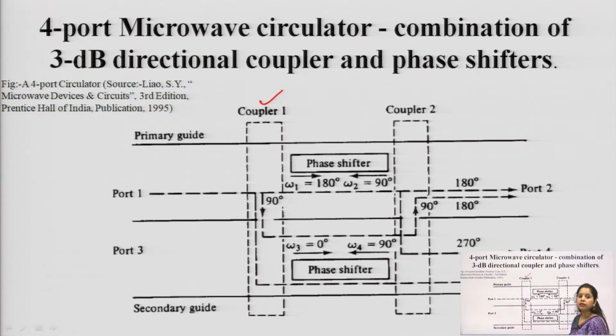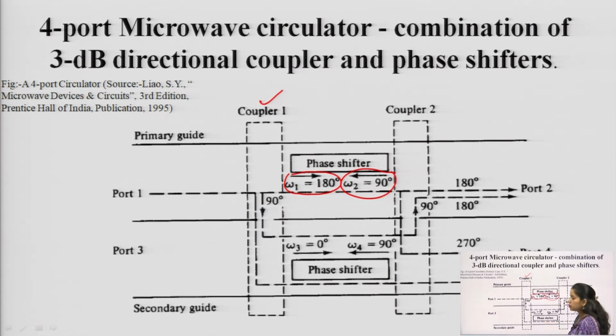When the signal goes in this direction, from left to right, this phase shifter gives a 180 degree phase shift to it, and when the signal goes from right to left, this phase shifter gives a phase shift of 90 degrees.